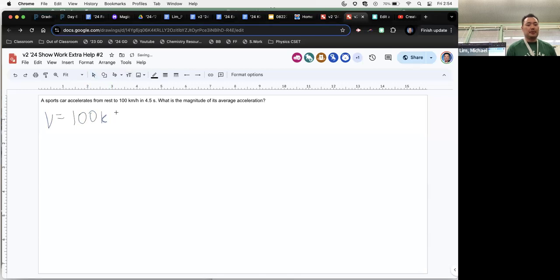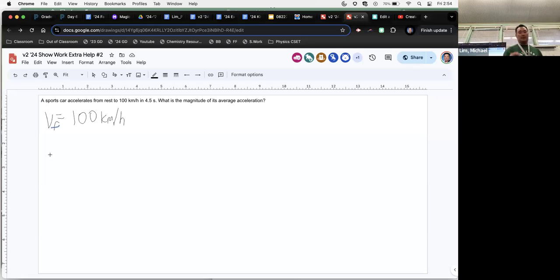Yeah, kilometers per hour, right? And do you think this is VF or VI or V0, which is the same thing as VI? V0 means it's not moving, so it has to be VF. But what does the F stand for? F stands for final.